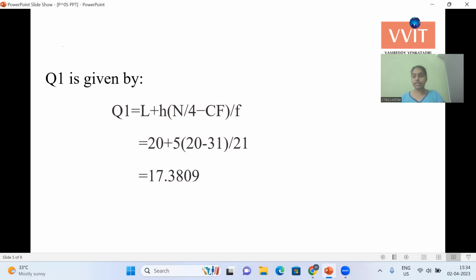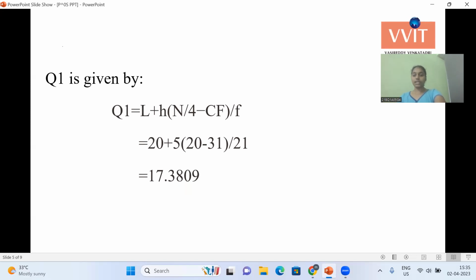So we will calculate the quartiles now. The lower quartile Q1 is given by Q1 equals L plus h into N by 4 minus CF, divided by f. L means the lower boundary of the median class, that is 20, plus small h, the width of the class interval, that is 5, into N by 4.